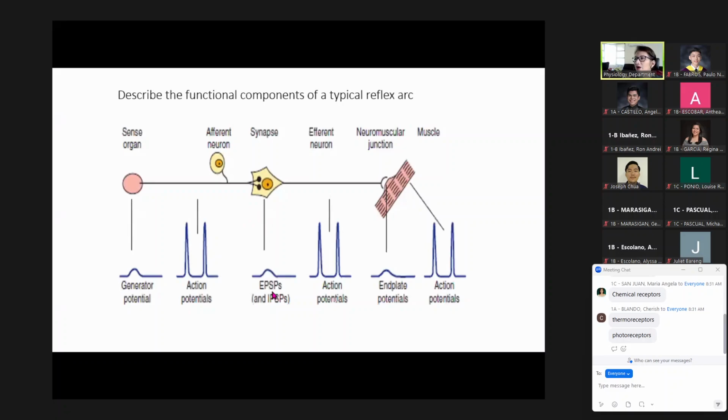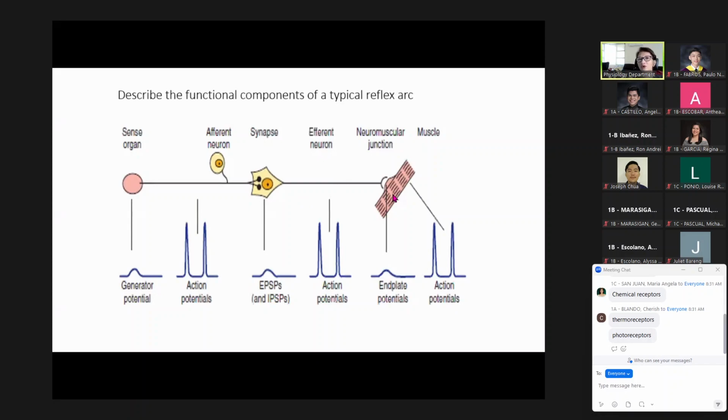So we have our synaptic potentials. So our synaptic potentials are also local potentials. Okay, so when there is summation of these EPSPs, then you will be producing the next action potentials. But now this will be in the efferent neuron. So the action potentials here will be traveling towards your receptor.